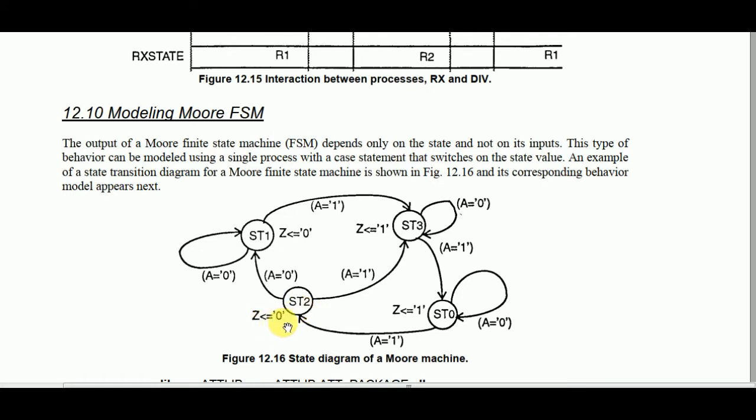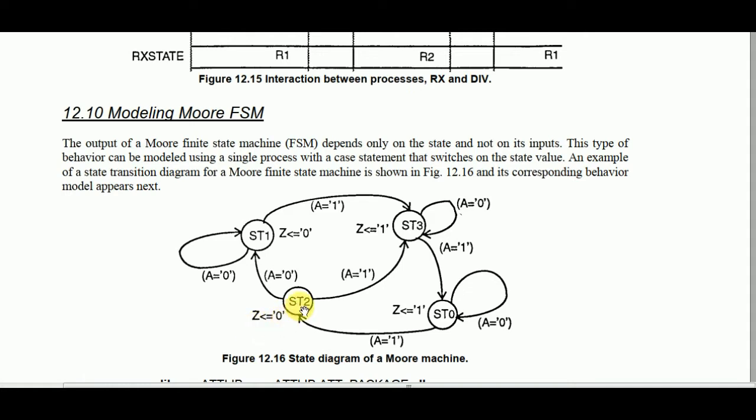That means we have the definition: the output of a Moore finite state machine depends only on the state and not on its inputs. Here the output is Z. The output Z depends on the state ST2. That means Z is equal to 0 in the case of ST2.